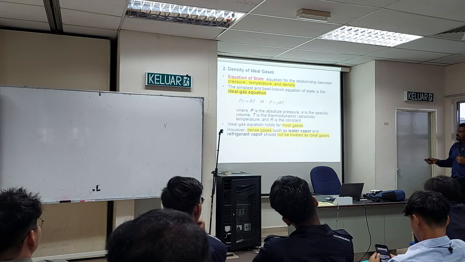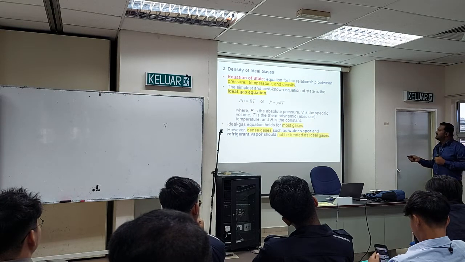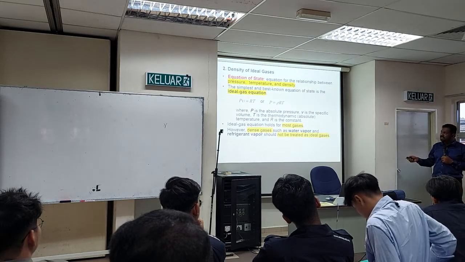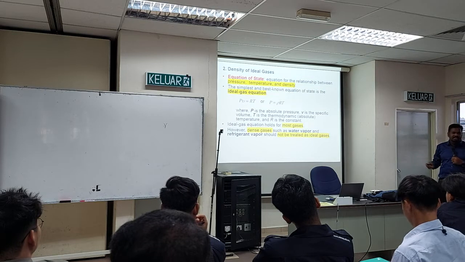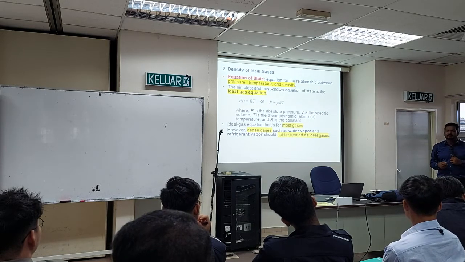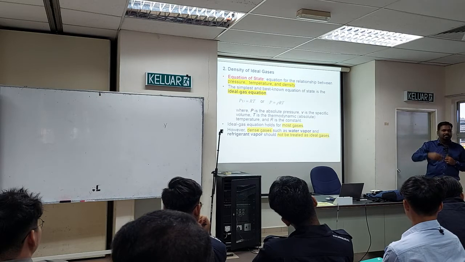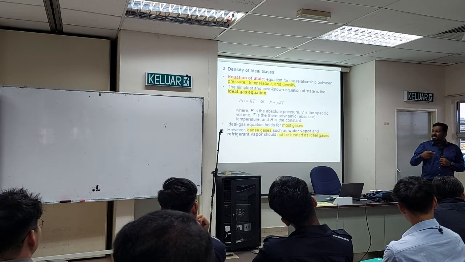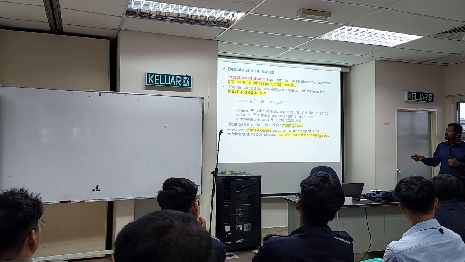Equation of state is the equation for the relationship between pressure, temperature and density. Dalam equation of state kita selalunya gunakan pressure, temperature and also density to calculate that particular ideal gas. Actually ada banyak thermodynamic tables. So ada satu table untuk ideal gas.